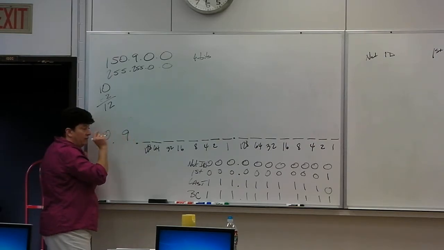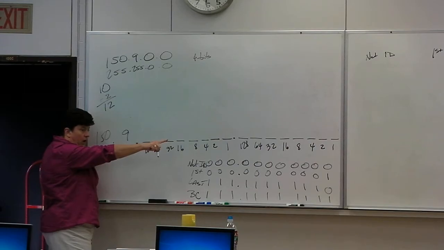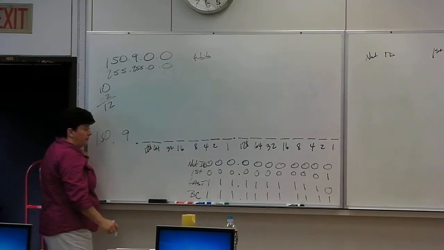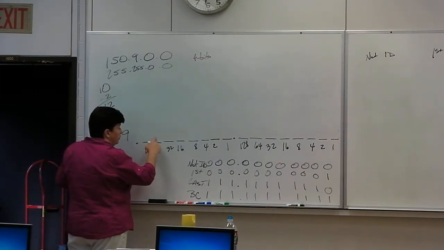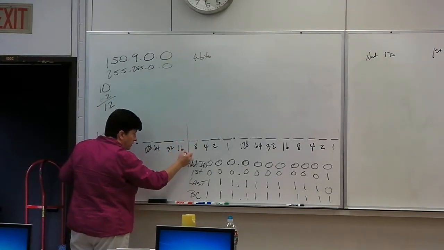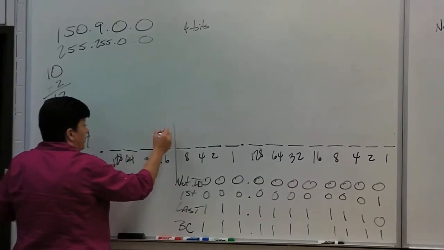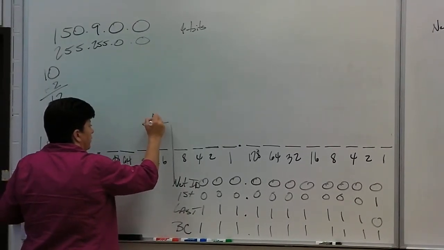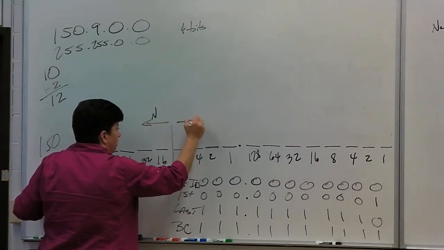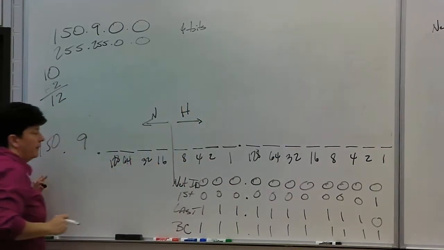I want to move it to the right. How many bits? 4 bits. You really got to let go of that whole 2 thing. 4. So 1, 2, 3, 4. There's my new line. So from this line, this direction is now network, that direction, hosts.